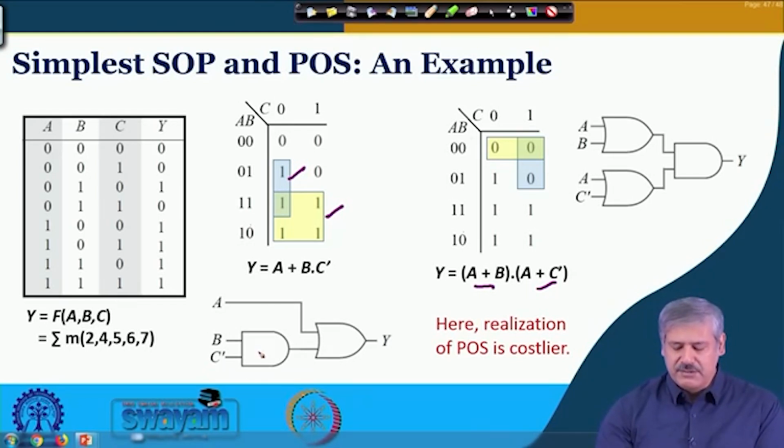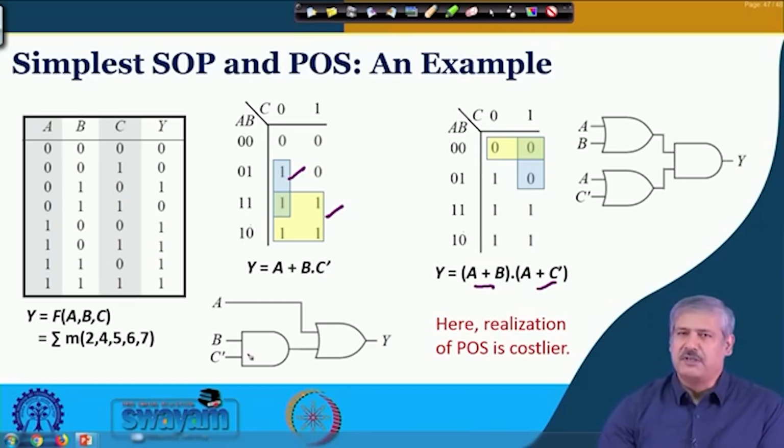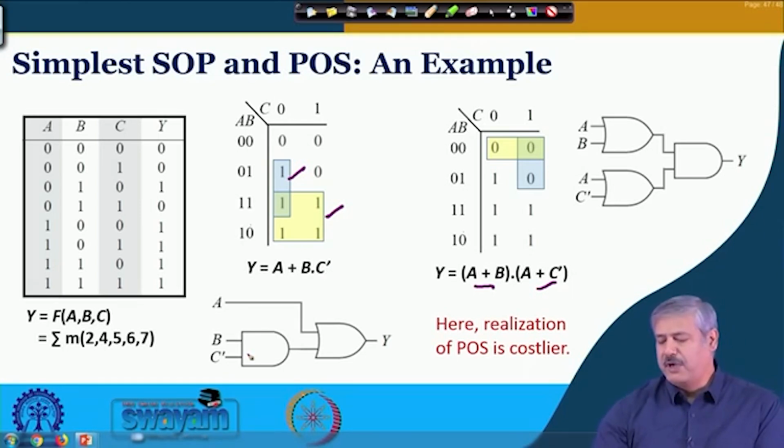So, in this case we are having two gates, one gate is the OR gate combining A and B C prime, another gate is an AND gate which is generating B C prime, fine. And compared to that we are having A or B generated by this one, A or C prime generated by this one, and this AND gate is combining these two outputs of the OR gates.